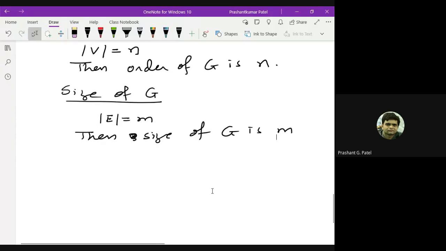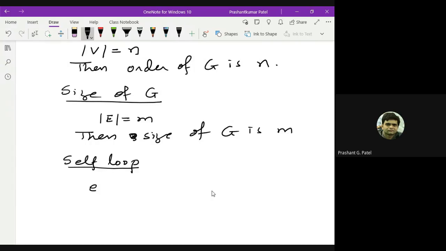The next definition is a self loop. The word itself suggests its definition. Self loop. What does it mean? If you have any edge E in a graph G which has identical end vertices.